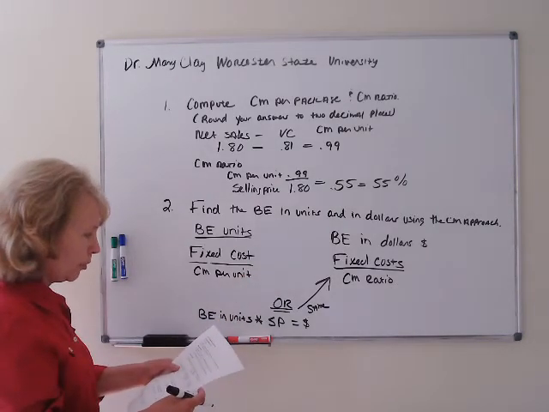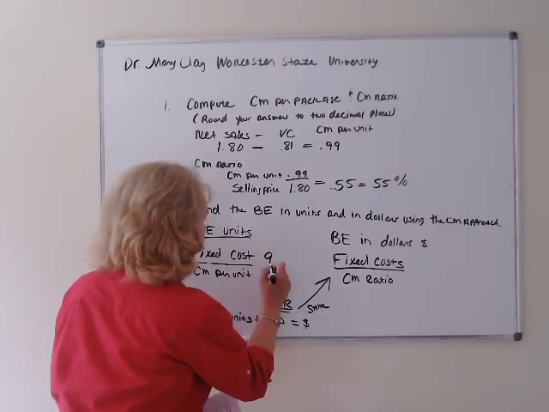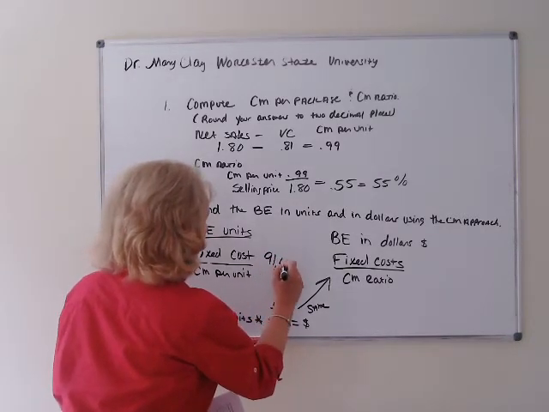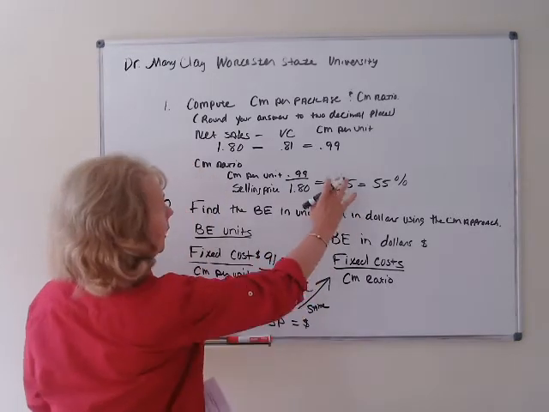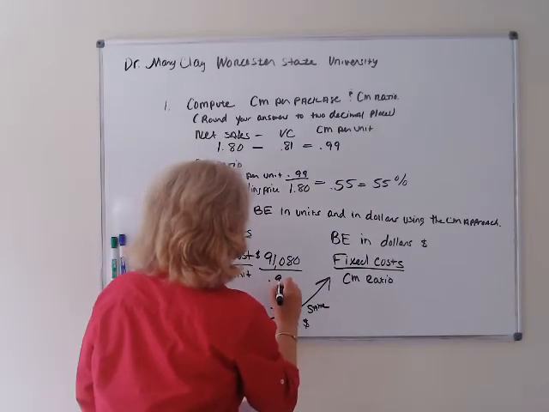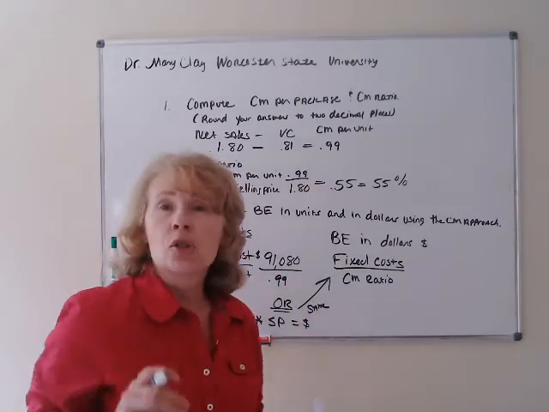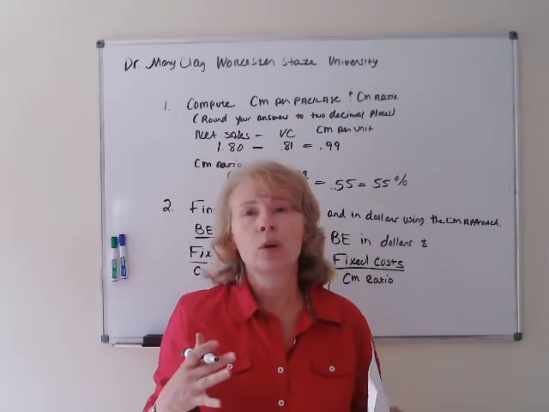I go back to the problem. What were the fixed costs? The fixed costs were 91,080. Then I divide that by my contribution margin per unit, 0.99. I'm going to stop and stress this. Please read the question.